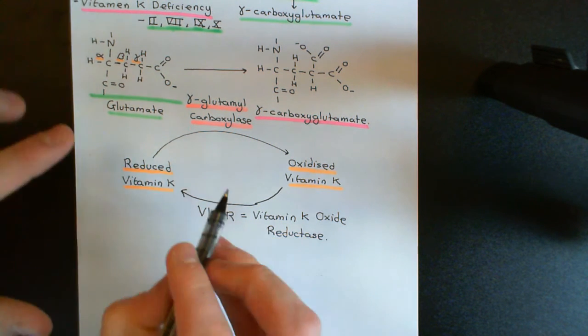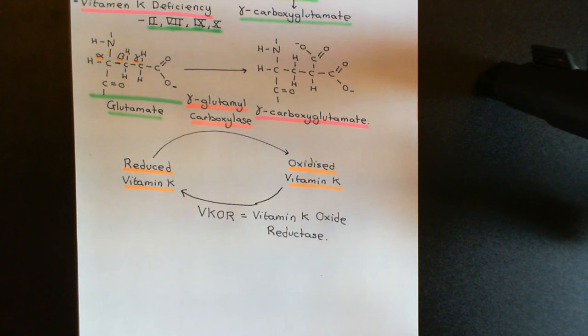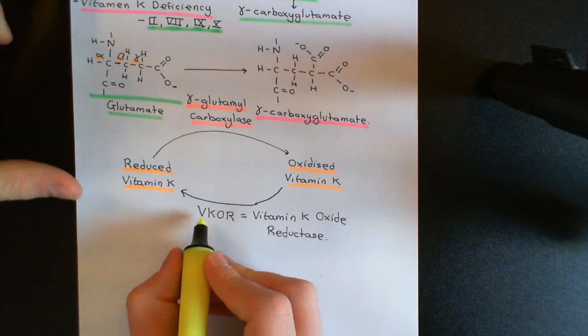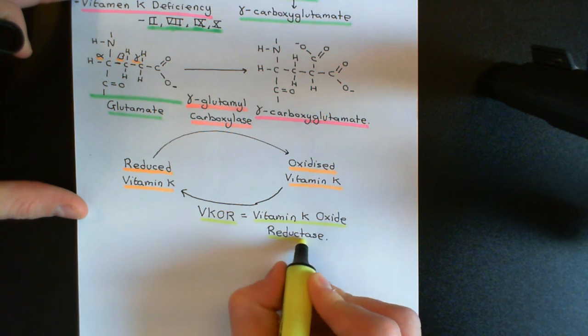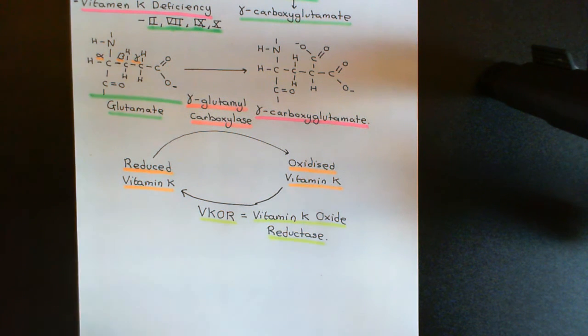So every time the enzyme gamma-glutamyl carboxylase converts a glutamate residue into a gamma-carboxyglutamate residue, it also has to convert a molecule of reduced vitamin K into this oxidized vitamin K. Of course, we very quickly run out of the reduced vitamin K and we'd end up with all oxidized vitamin K. So there is another enzyme called vitamin K oxide reductase, VKOR, which converts the oxidized vitamin K back into the reduced vitamin K.